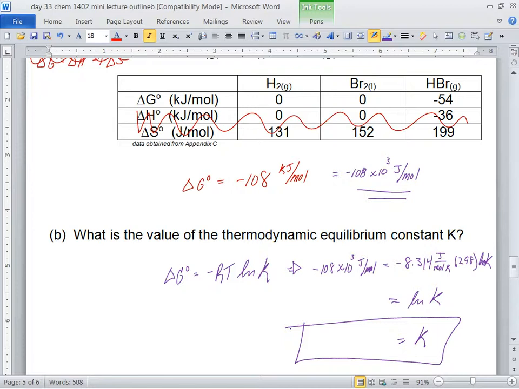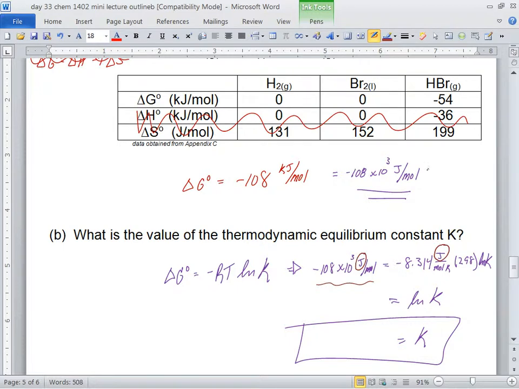Did you get some crazy huge number? No. So first take this. Do you see why I wrote 108 times 10 to the third? Because the problem is that R has joules in it, so I got to get this guy to have joules in him.